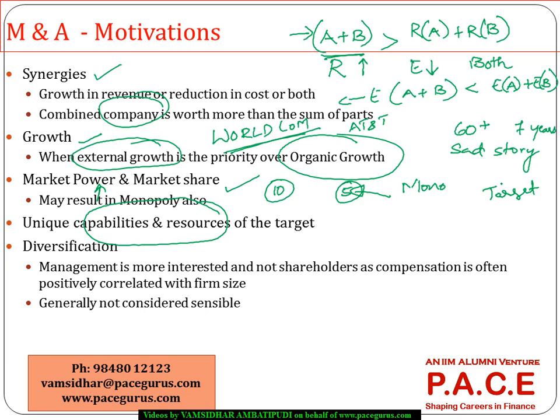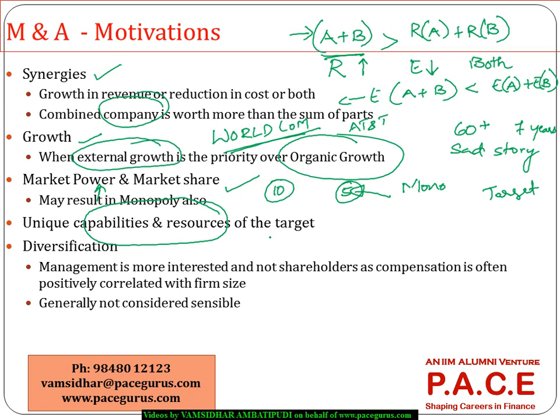Then when we talk about diversification, probably a Sun Group acquiring SpiceJet Airlines, there it could be treated as a diversification strategy because the company wants to spread itself into multiple businesses just to reduce the risk.